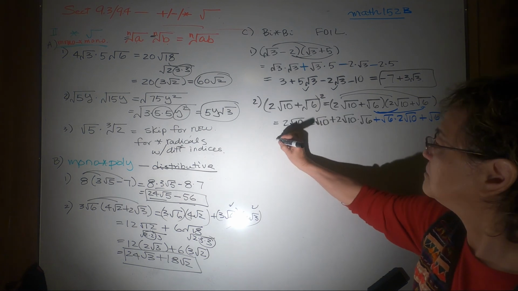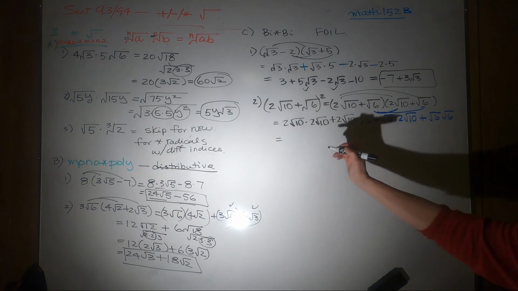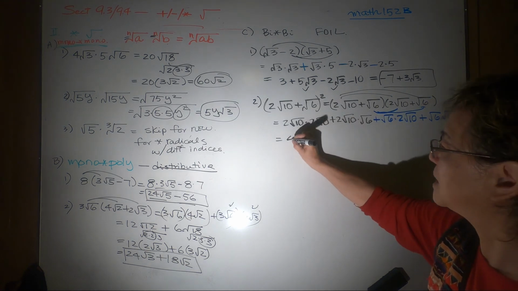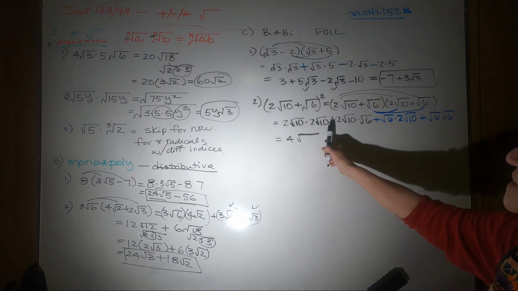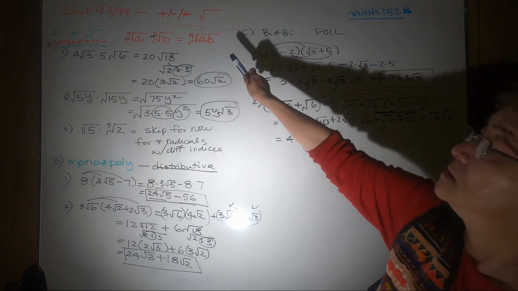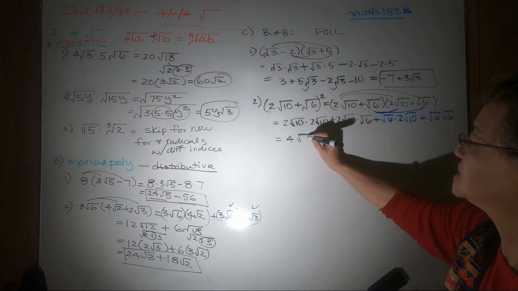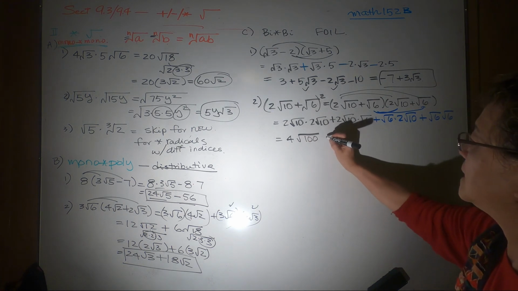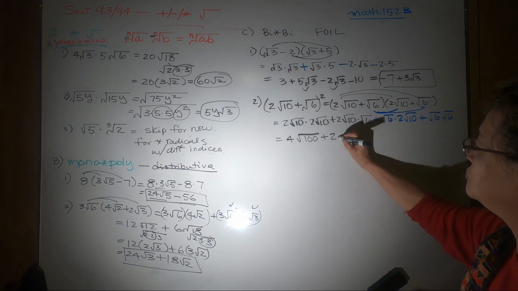So we say mono to mono, when you multiply numbers with numbers. 2 times 2 is what? 4. What happened to the inside? You have same thing as a square root. Then you should put them together inside, right? 10 times 10 is what? 100, right? Then plus this 2 outside, square root both.